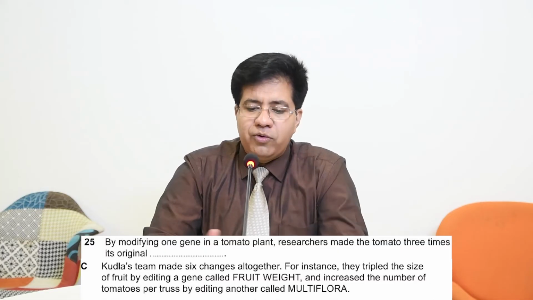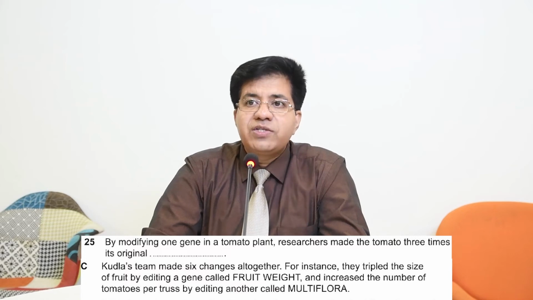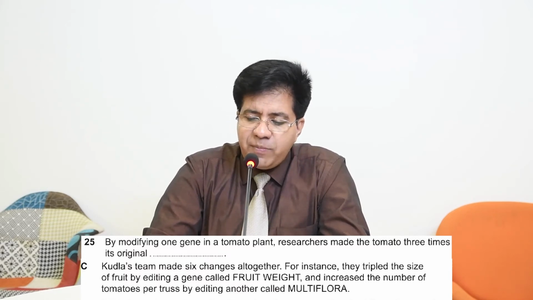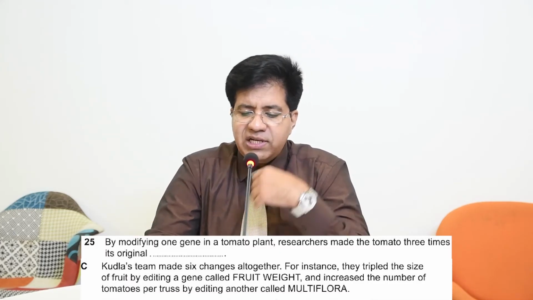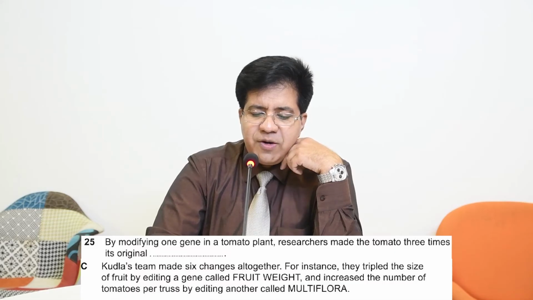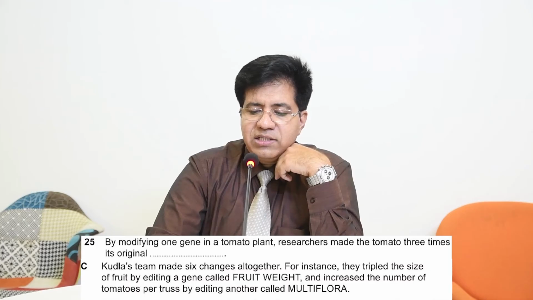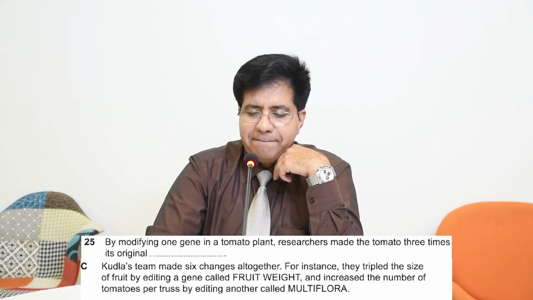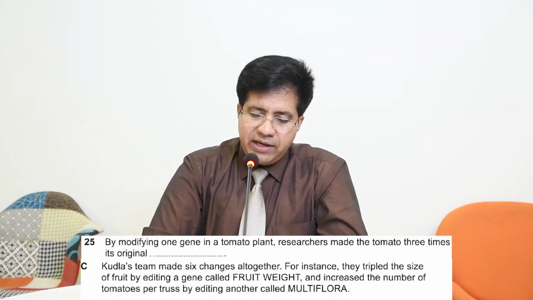Fruit means tomato. So, what is the question? Researchers made the tomato 3 times its original size. For researchers, they use the word they, and for 3 times its original size, they tripled the size of fruit. Got it? So the answer is size. Tripled is for 3 times, and for researchers, they use the word they.